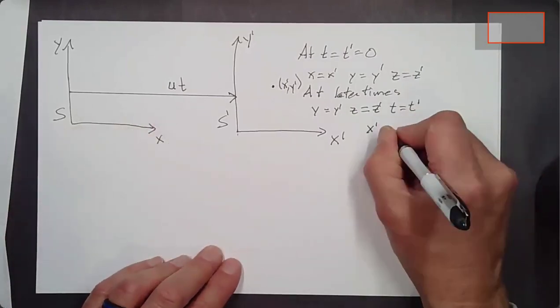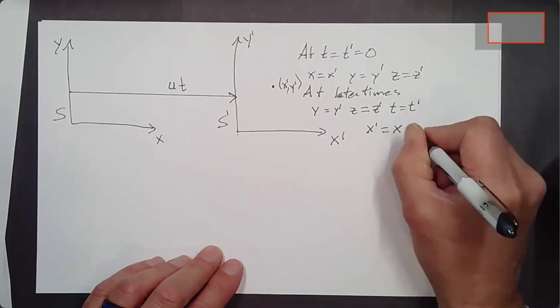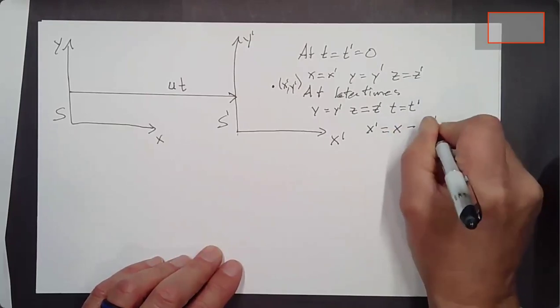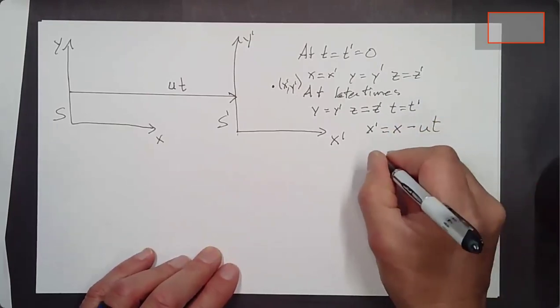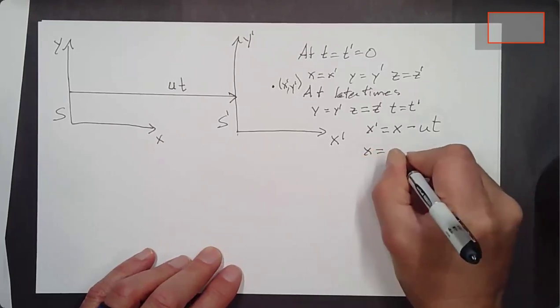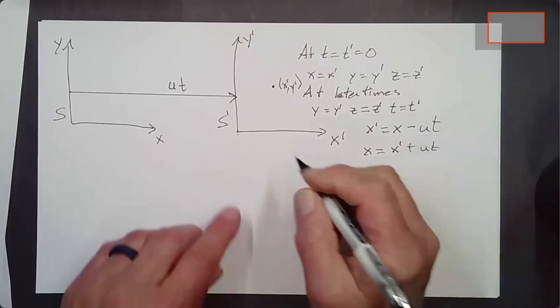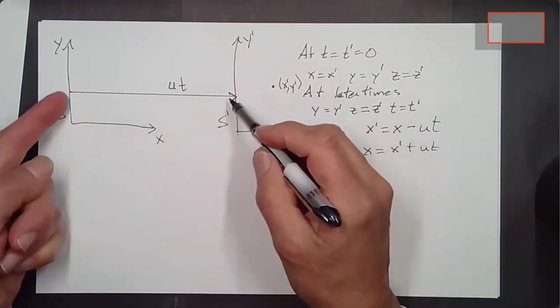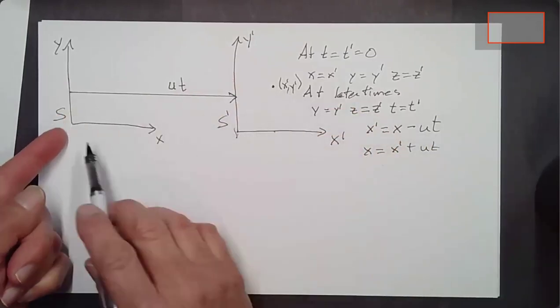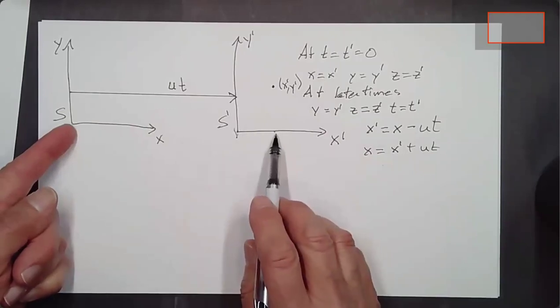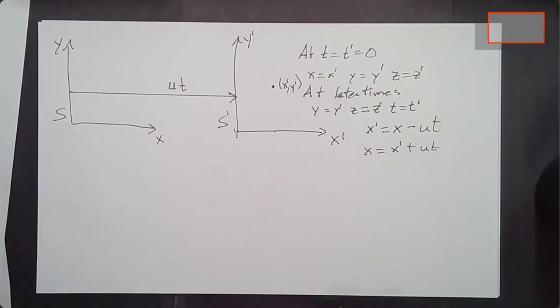So x prime will equal x minus ut, or you could think of x equaling x prime plus ut. So this distance plus this distance will equal the distance from the origin of the x coordinate system. So those are the Galilean coordinates.